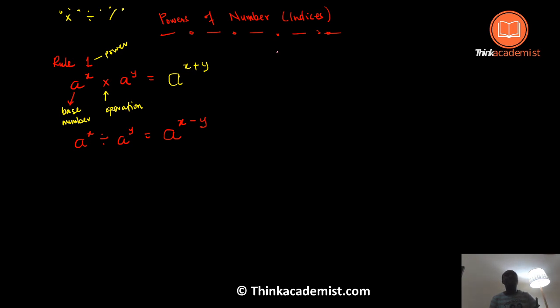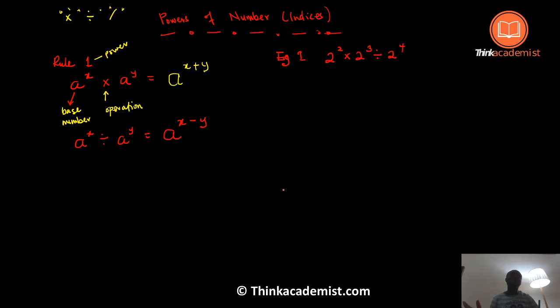So our very first example, relating to this rule, will be: find 2 squared times 2 raised to the power 3, or 2 cubed, divided by 2 raised to the power 4. There are two ways to solve this.